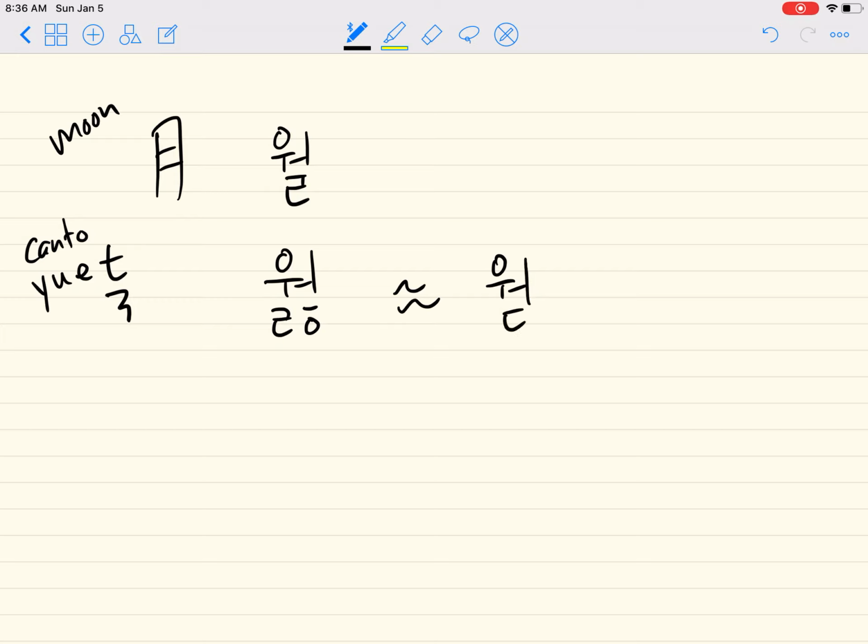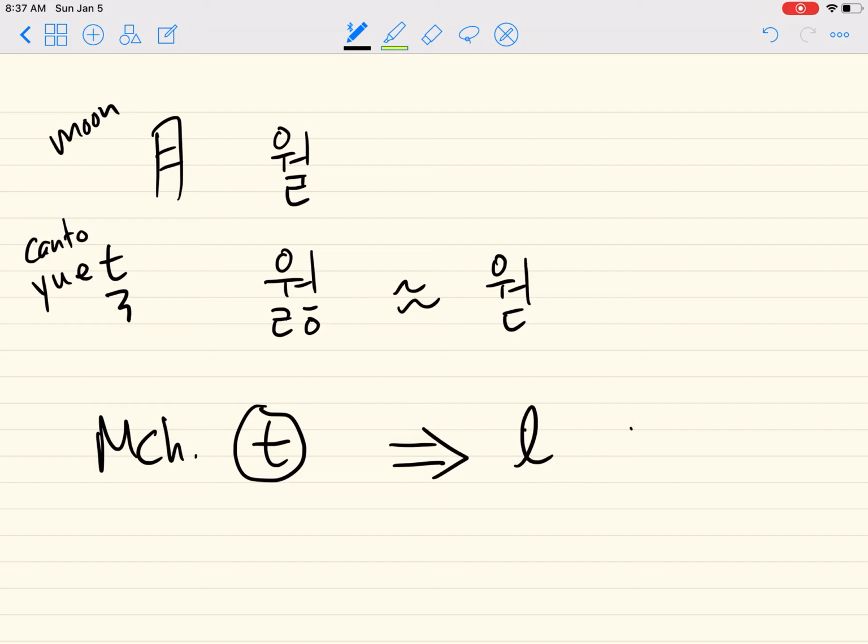And so one of the significant patterns that you'll notice is that you have Middle Chinese all the end consonants T translated as an L sound, or by the Ryul sound in Korean, Sino-Korean.